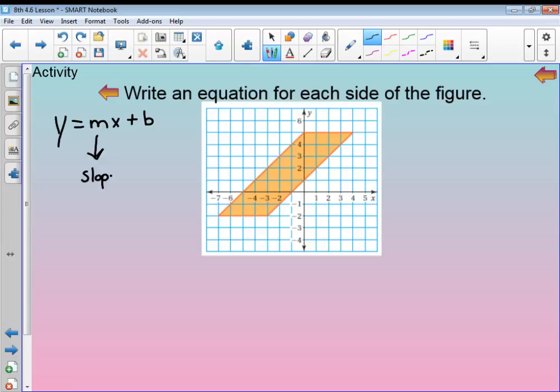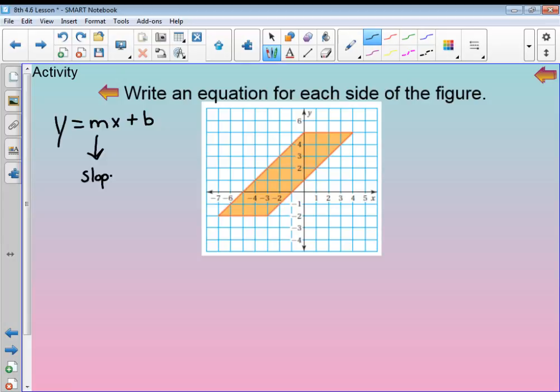Okay, so let's go ahead and do this other side. Now it appears to be parallel, but remember, in order for this to be parallel, it does have to have the same slope. Okay, so my blue line, we're going to have our slope with our x right behind it, and then plus or minus where it crosses the y line, so we'll start with that. So it's crossing right here, which is between my origin and 2, so that is a positive 1.